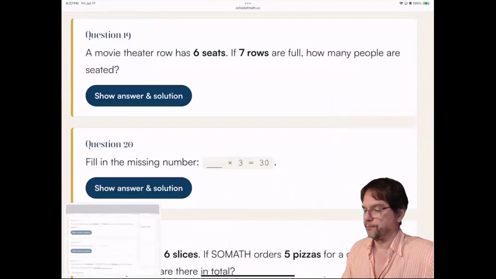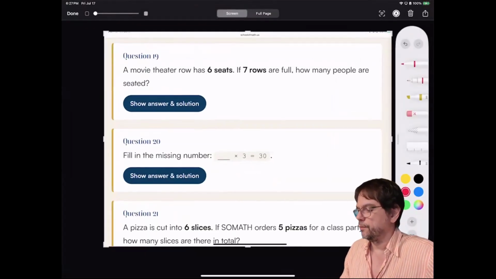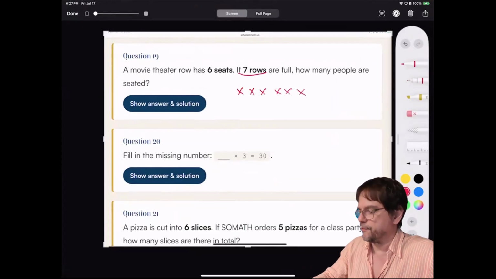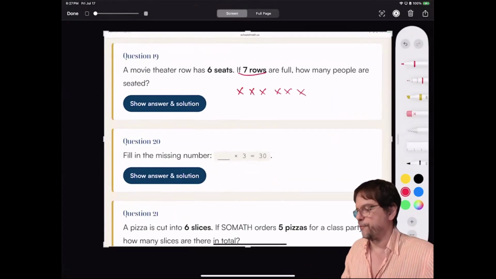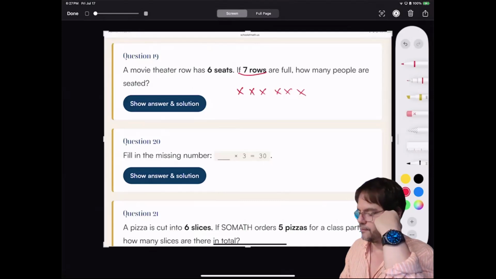A movie theater row has 6 seats. 1, 2, 3, 4, 5, 6. If 7 rows are full, how many people are seated?